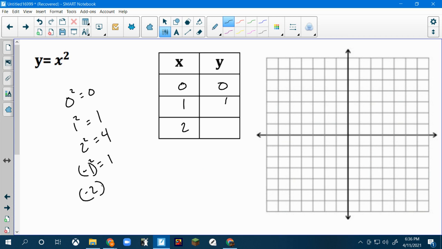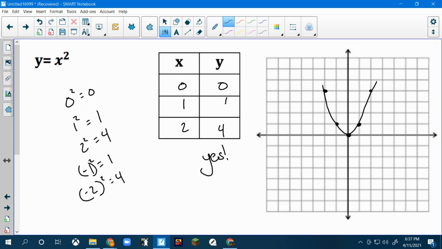Negative 2 squared is 4. So this looks like this: 0, 0; 1, 1; also negative 1, 1; 2, 4; negative 2, 4. That looks like this. So a parabola. That is a function. Vertical line test, yeah.